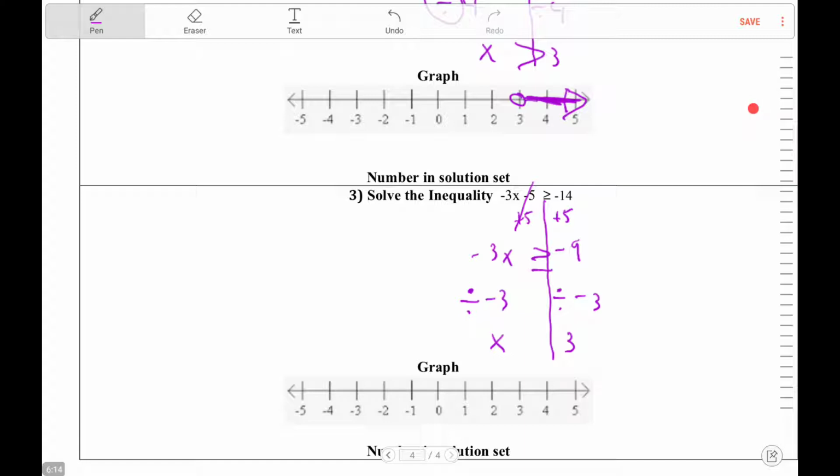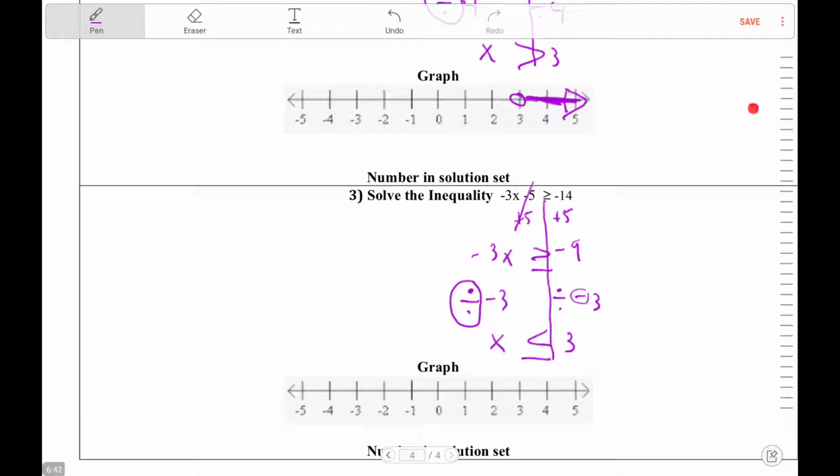Did I multiply or divide? I did, I divided. Okay, what number did I divide by? Was it negative? I divided by a negative 3. So now the sign flips. X is less than or equal to 3.